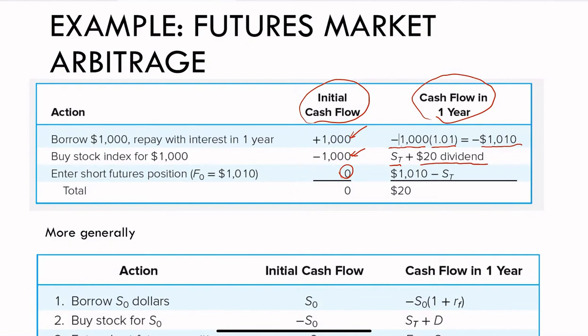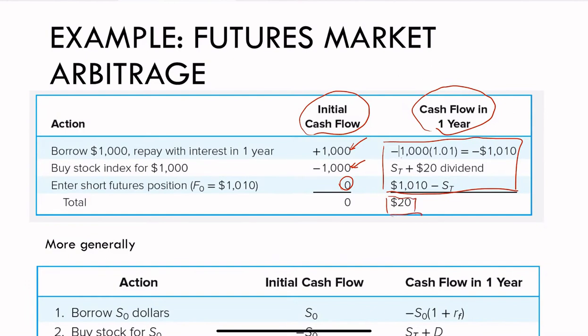Well, it's always the initial futures price 1010 minus this equity price on this delivery date, so minus ST. Now, if you add up all these three components, you will ultimately get $20. Right? Obviously, it's a very simple calculation. You can see that these will just cancel out, and ST will just cancel out. So in the end, you get $20.